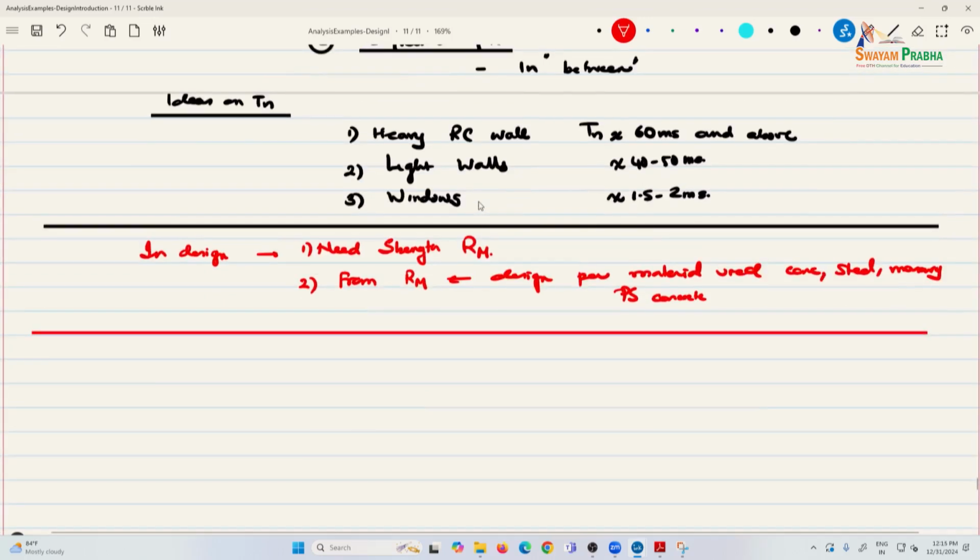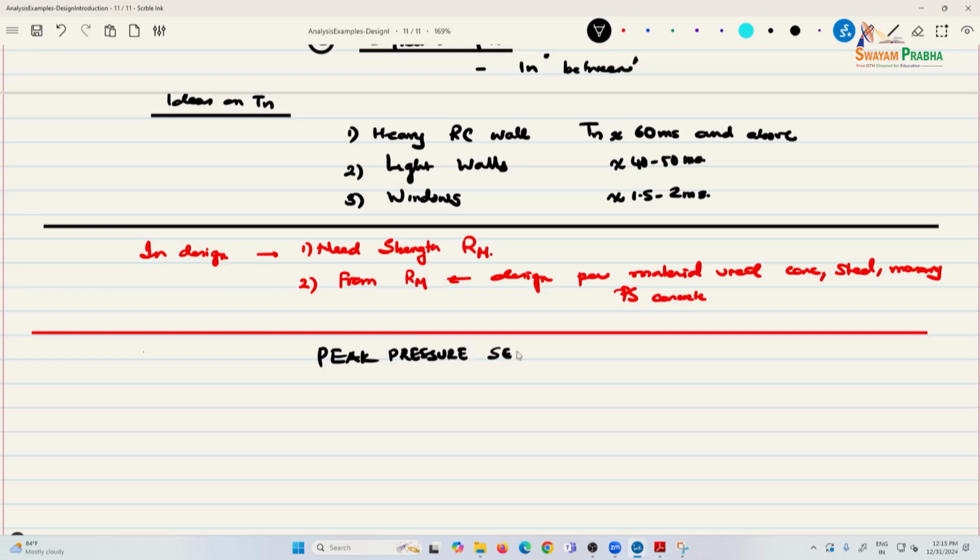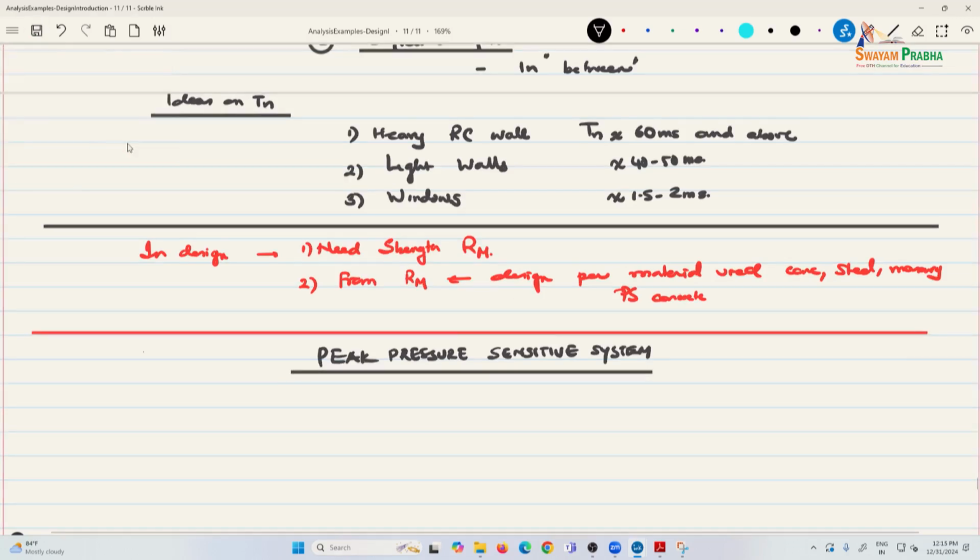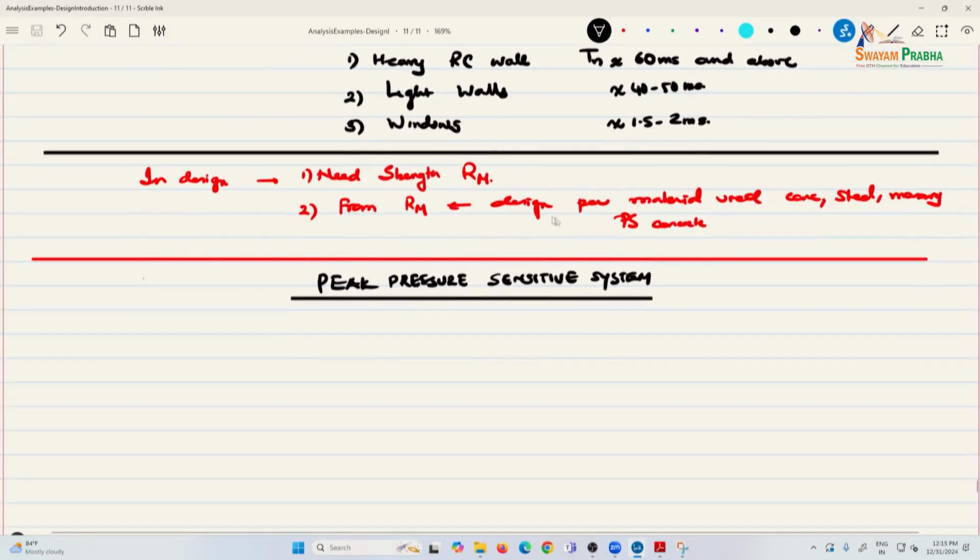So let's look at the two extremes. First is the peak pressure sensitive system. We use the energy principle or the energy balance.